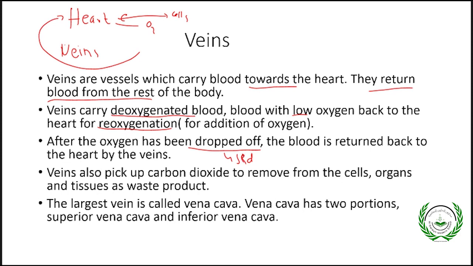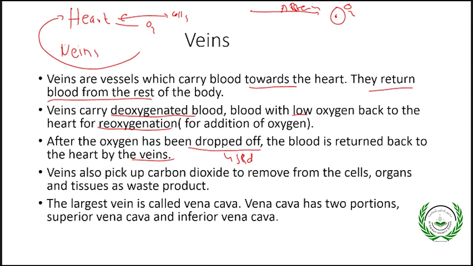The blood is reoxygenated, returned to the heart, and then pumped to the body parts as oxygenated blood. After the oxygen has been dropped off, meaning used up, the blood is returned back to the heart by the veins.